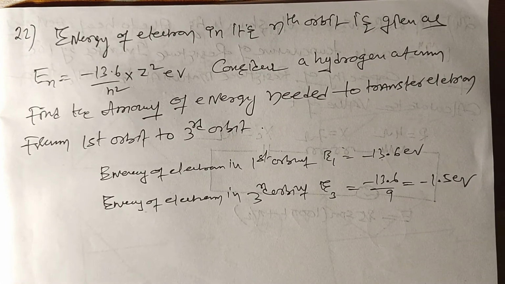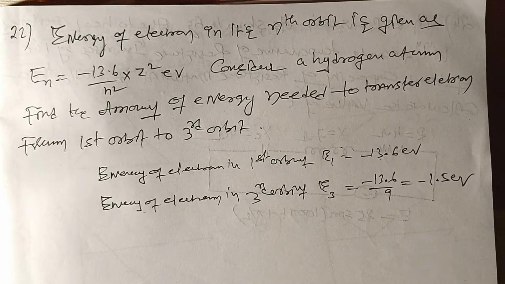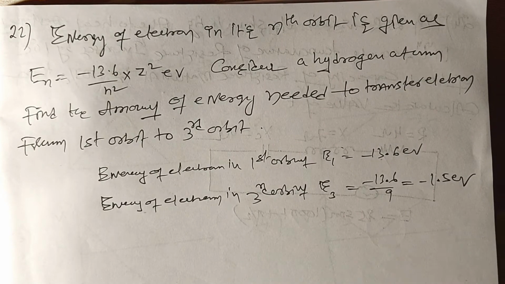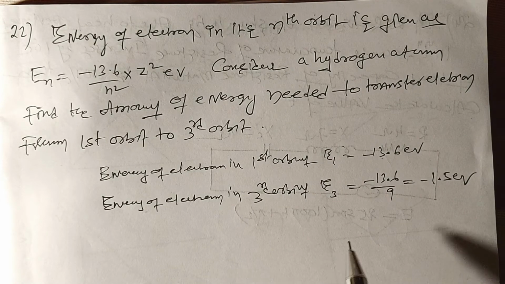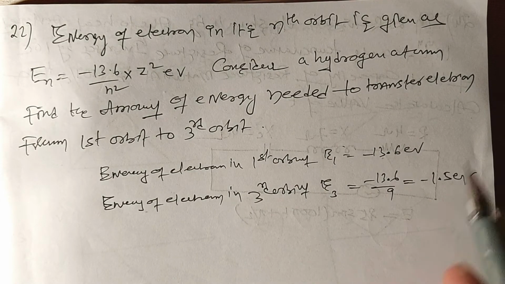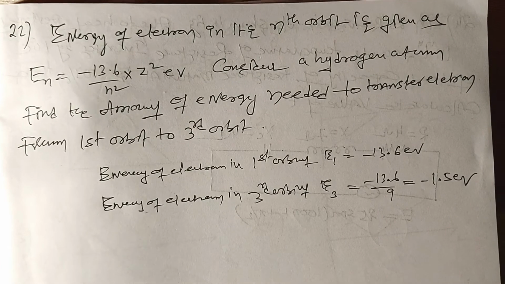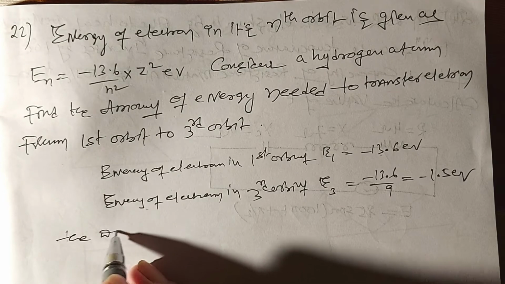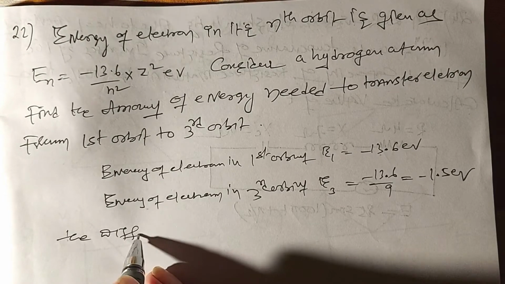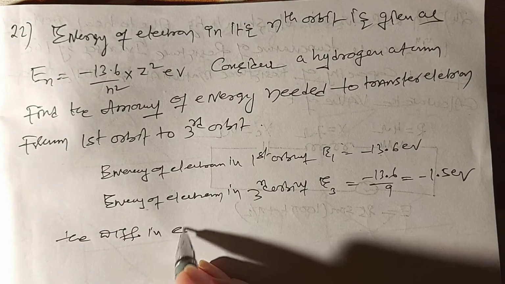Now the difference in these energy levels is equal to energy needed to transfer electron from first orbit to third orbit.